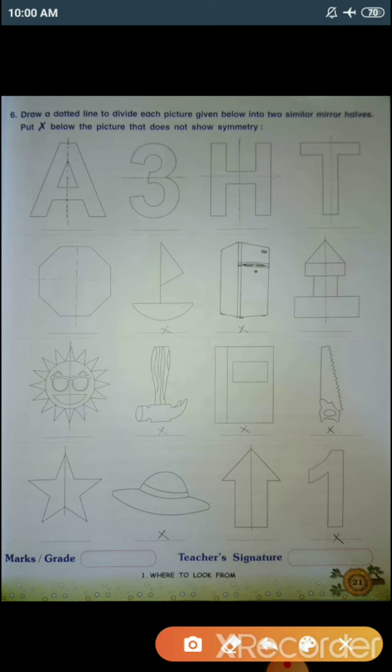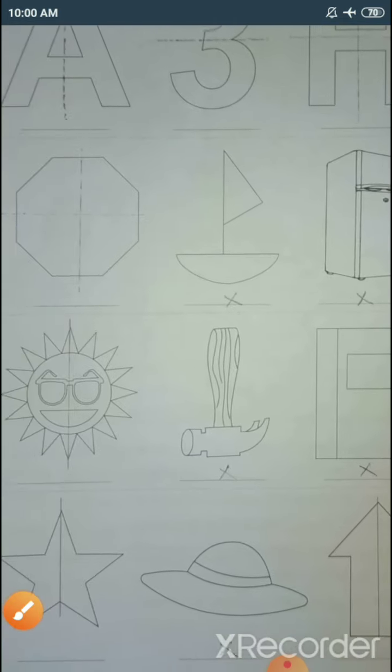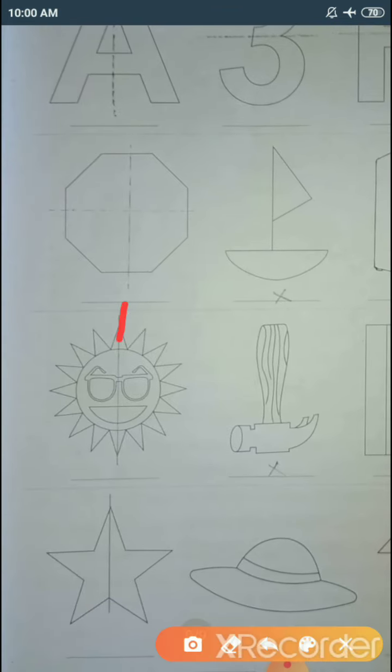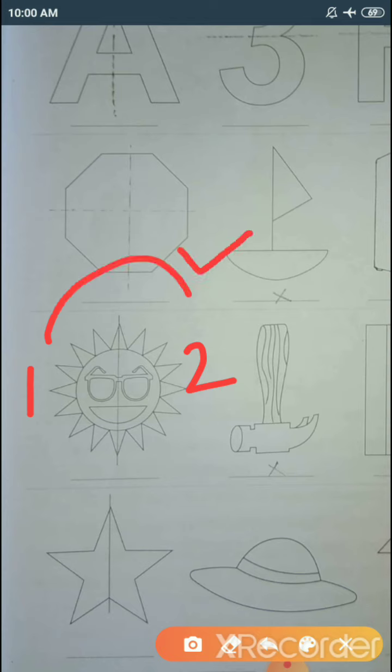Similarly, let's take the example of the sun. You can see here that I have drawn one vertical line. With the help of this vertical line, part 1 and part 2 both look similar. So what we conclude here is that both the parts show symmetry.